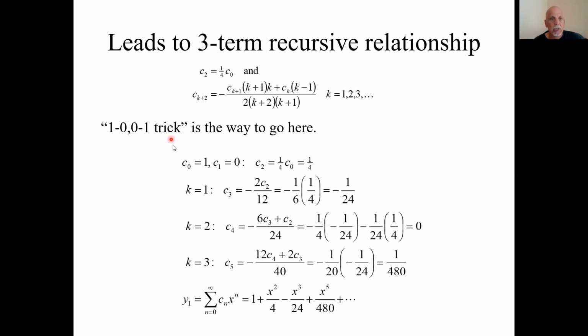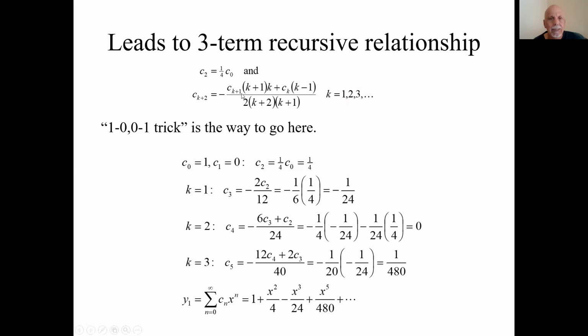So for the first particular solution, c sub 0 equals 1, c sub 1 equals 0, and c sub 2 equals 1/4 c0, and c0 is 1, so that's 1/4. Now start going through k's. First k is 1. I'm solving for c sub 3.